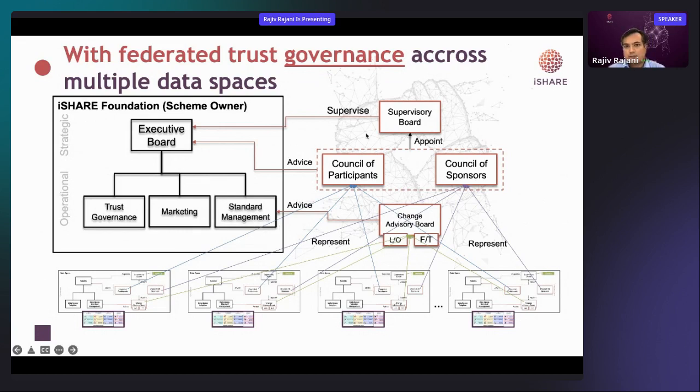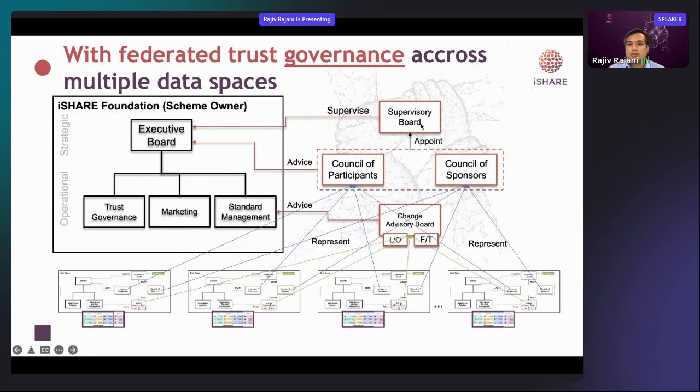We have a supervisory board which supervises all the actions that are done by the executive board of the iShare Foundation. This supervisory board is basically appointed by our council of participants as well as our council of sponsors. So we have both, of course. There are participants in iShare today already, and we also have sponsors.